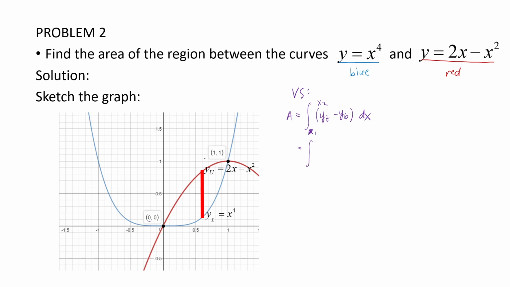So from 0 to 1, y top is the red graph, 2x minus x squared, then minus x to the power of 4, y bottom, and then dx.